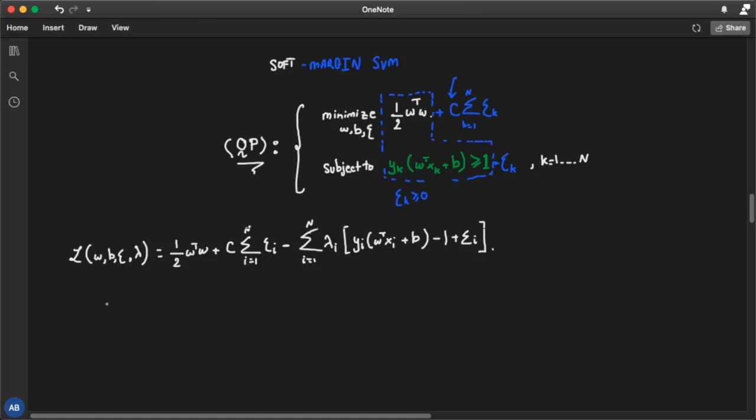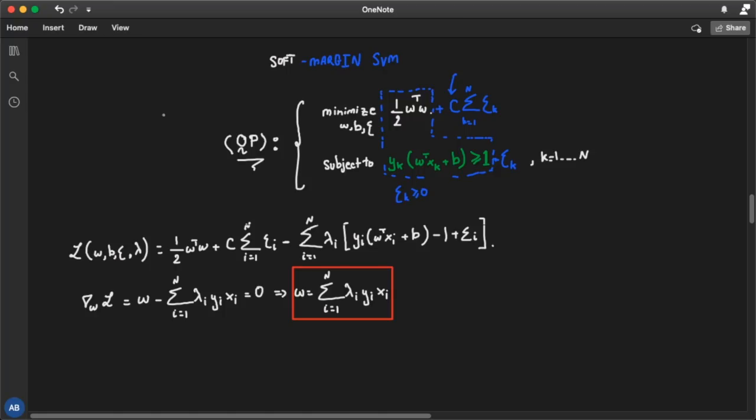So I'm allowed to solve the partial derivatives of L. Setting the gradient with respect to W on L, over here we get a W, and right here we get a minus sum on i lambda i y i x i. Setting this equal to 0, we get the same expression for W.